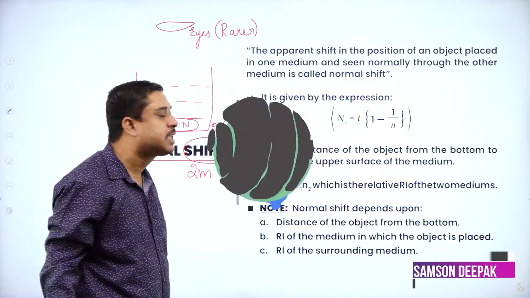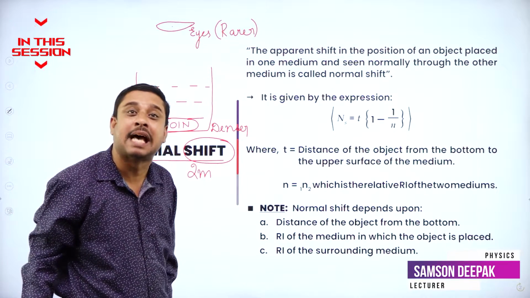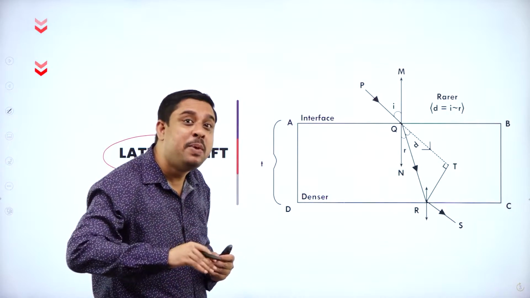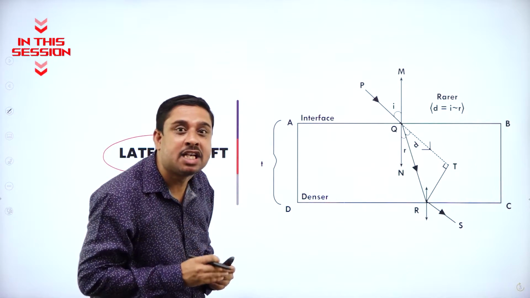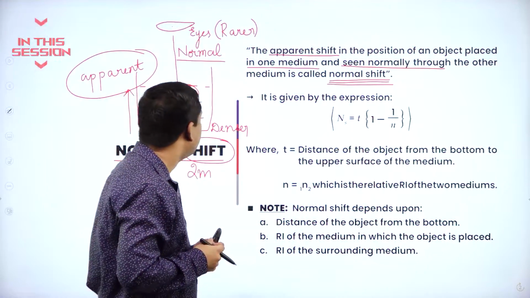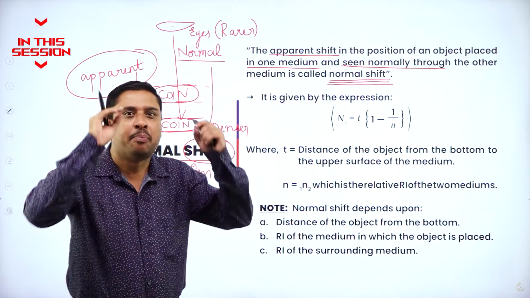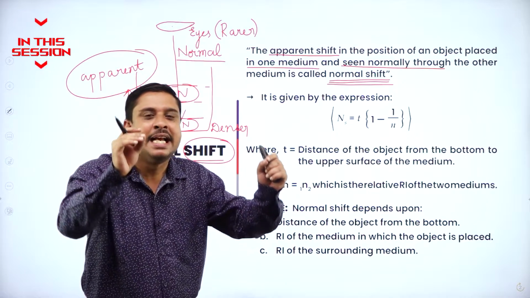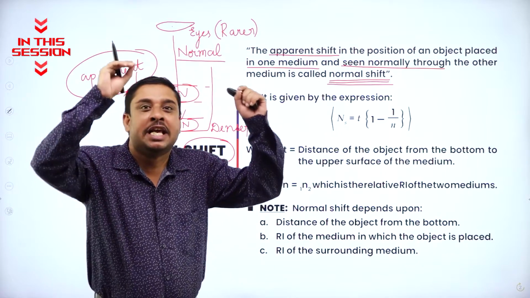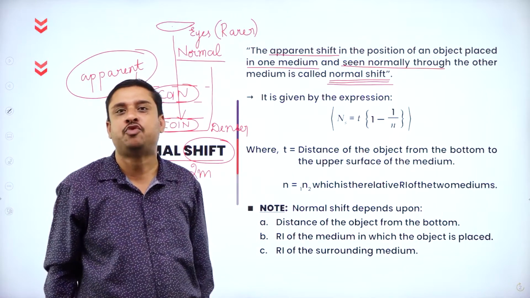The object is in some another medium, more implicable application of refraction of light. What is normal shift, students? Please do keep in mind there is no real change in the position of the object.